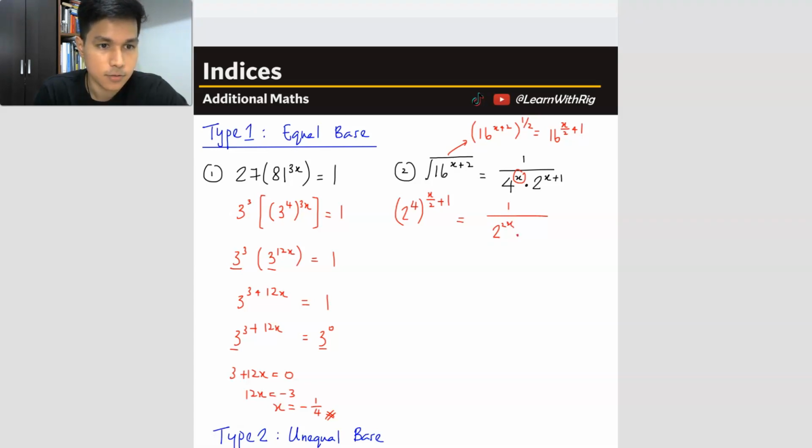The dot here is multiplier, 2 power x plus 1. Now we expand this, so we get 2 power 2x plus 4, equals 2 power 2x plus x plus 1, because multiply means you have to add them together.